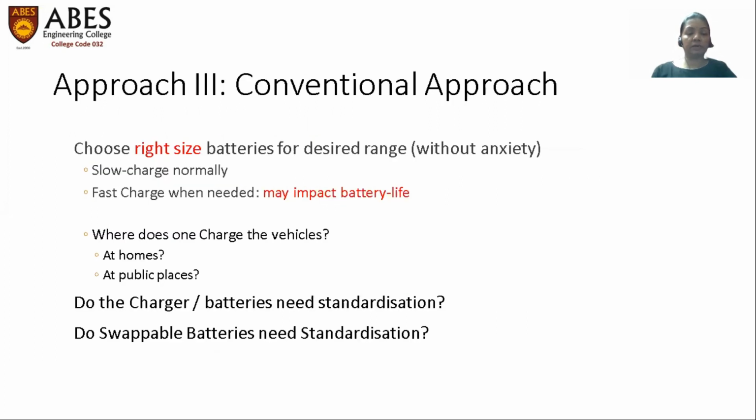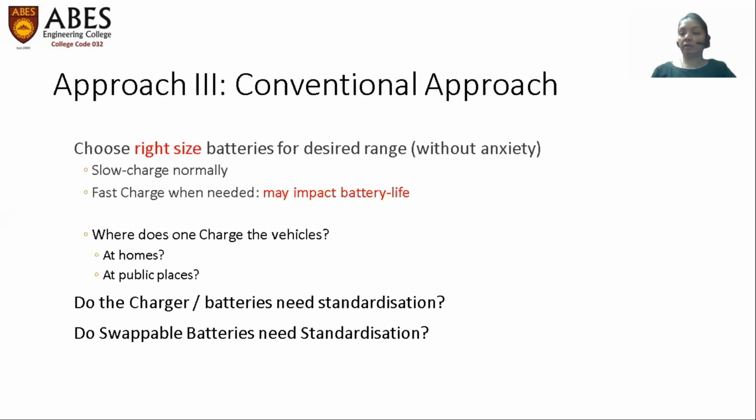The third approach is the conventional approach, that is to choose the right size of battery for the desired value. So suppose I am saying that in a day my vehicle is going to run for 100 kilometers, then I can have a 120 or 140 or 150 kilometer range for the vehicle, and accordingly after the usual run of the vehicle, I can just charge my battery at home or at public places wherever the vehicle is getting parked.